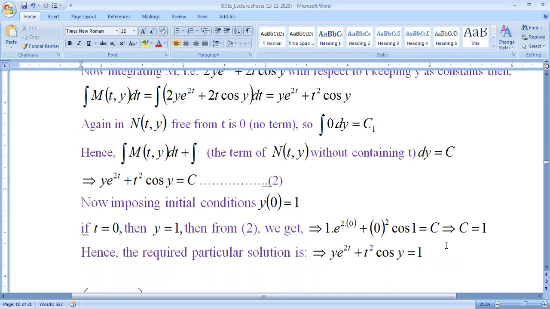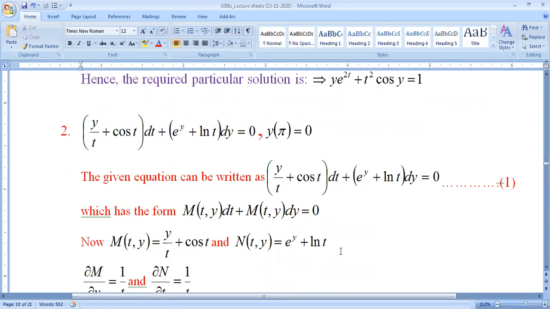If you can find any solution containing c, this will be the general solution. But after imposing initial conditions, we can substitute the constant, and we get the required equation, which is called the particular solution.